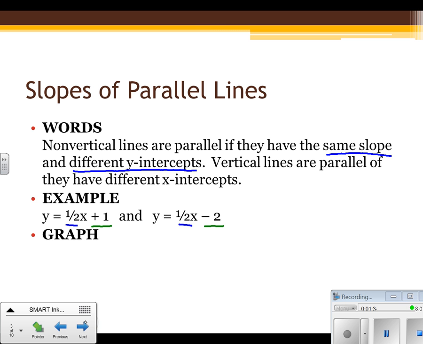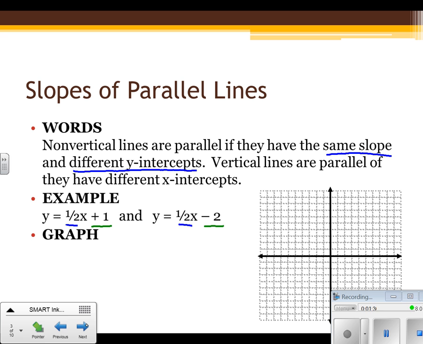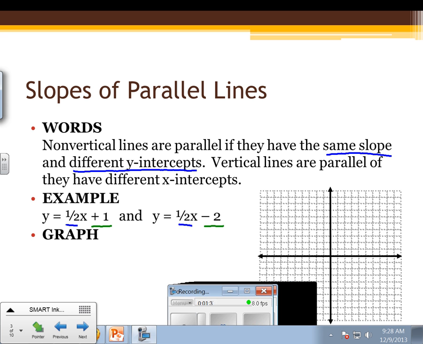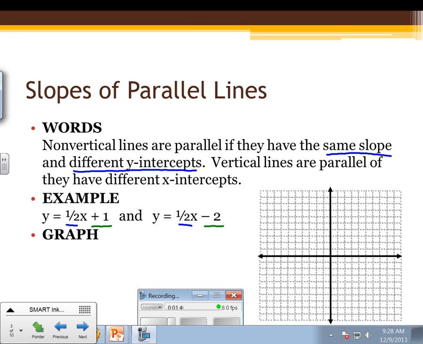So if we were to graph these two lines, the first one I will graph with blue. The y-intercept is at 1, and with a slope of 1/2, it's rise 1, run 2.